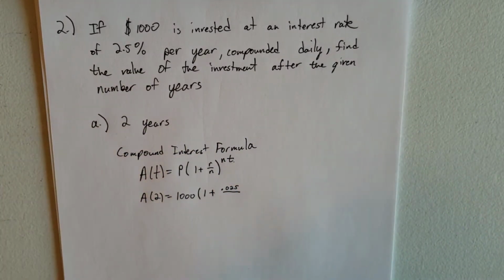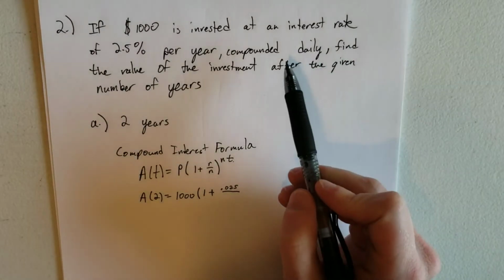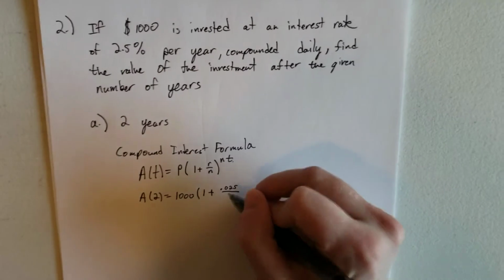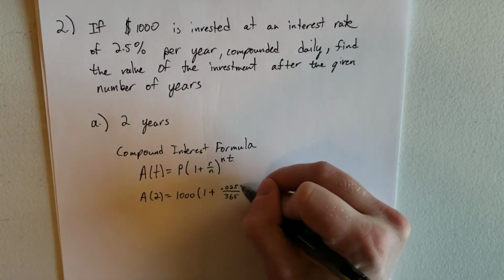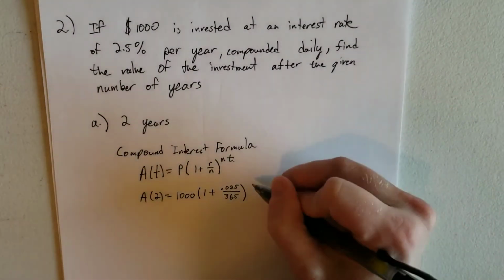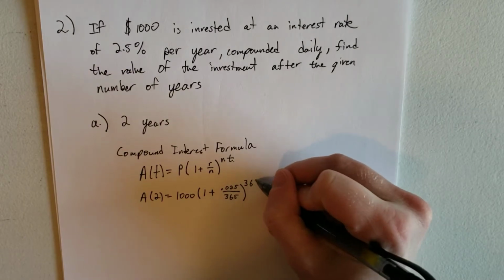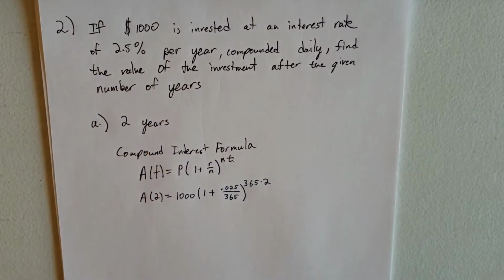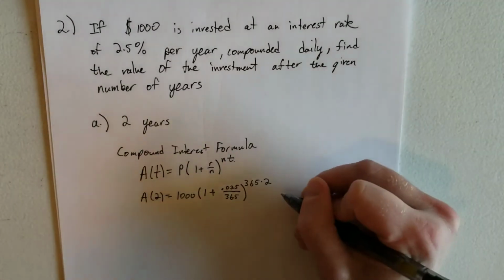We're going to divide by n. n is the number of times we compound per year. Since we are compounding daily, that is 365 times. And then we plug in n again up here in the exponent, and we multiply that by the number of years, 2.